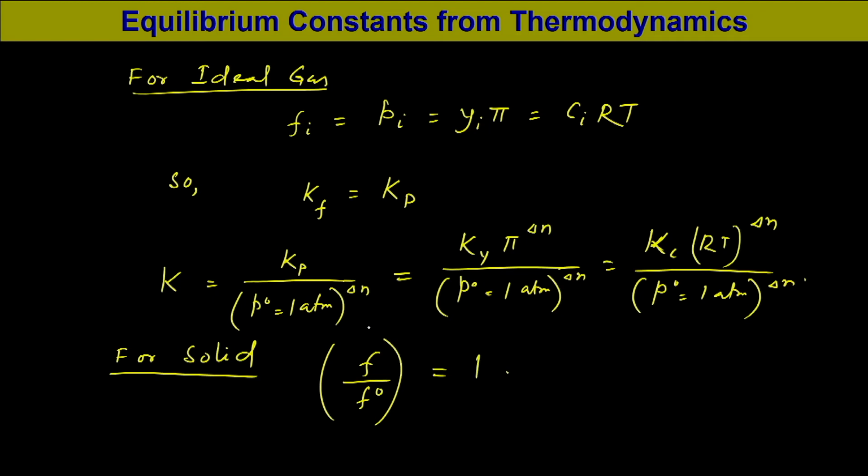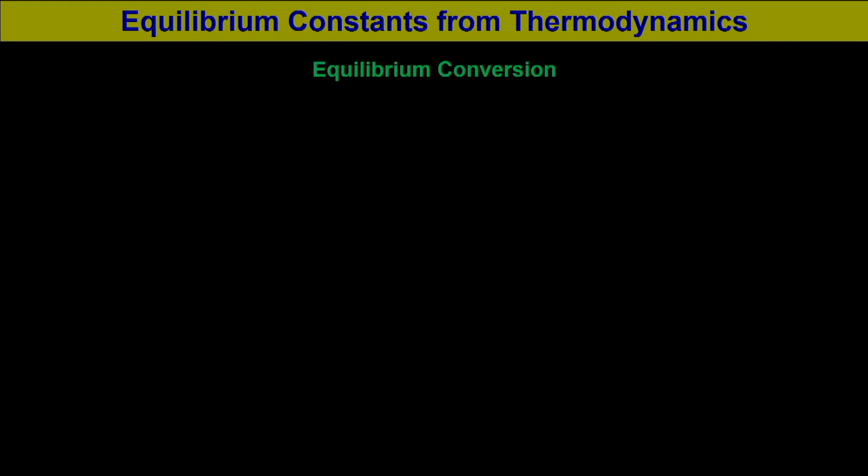So, that means the fugacity variation with respect to the pressure in case of the solid is negligible. So, F by F naught for solid component can be considered as 1. Now, we will see how we can calculate the equilibrium conversion from thermodynamics.